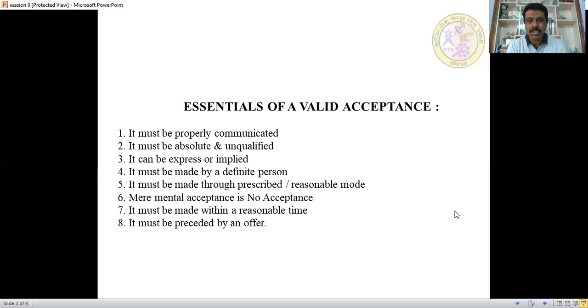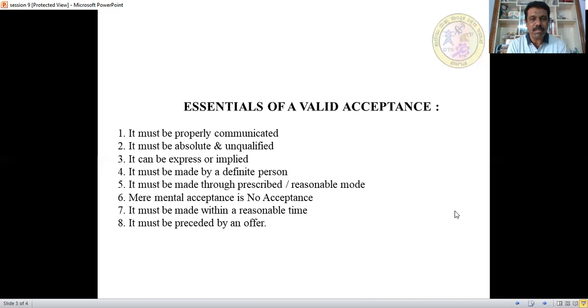Or if the acceptance is conveyed through conduct, through body language, then it becomes an implied acceptance. Both express and implied acceptance are valid.